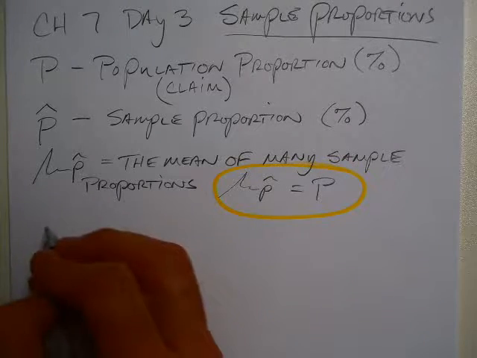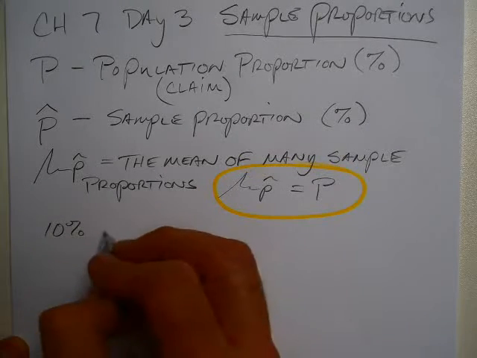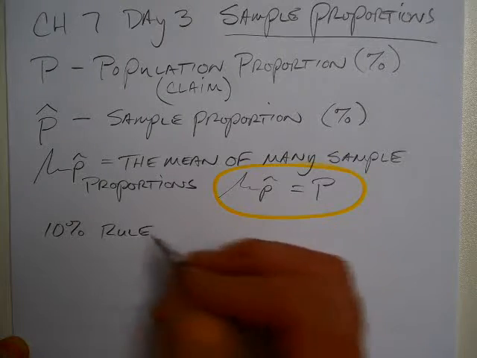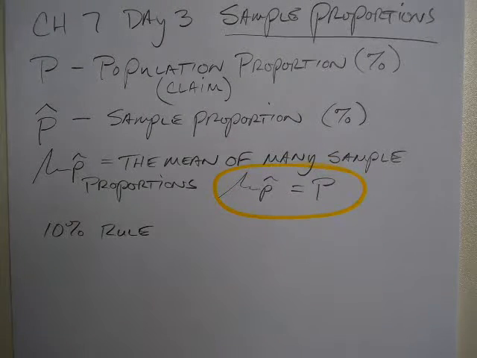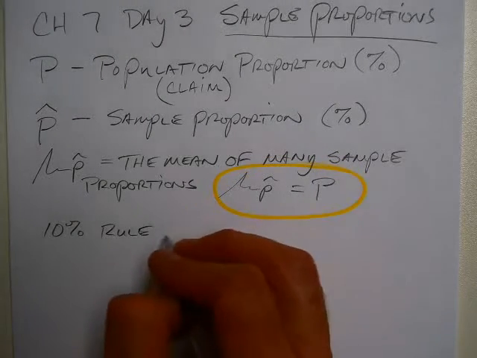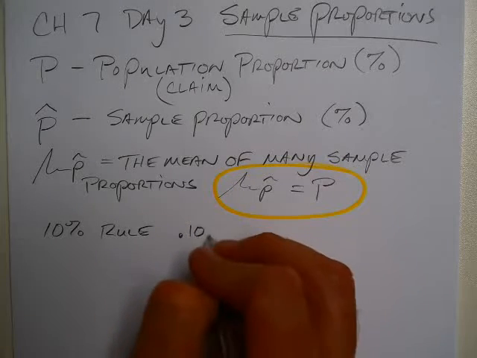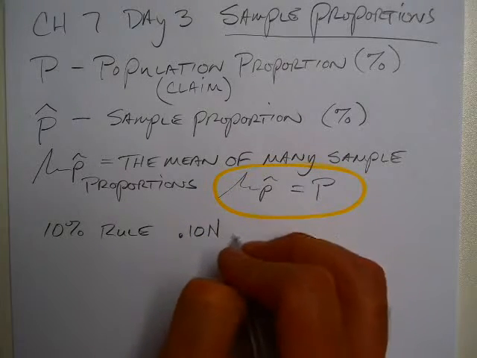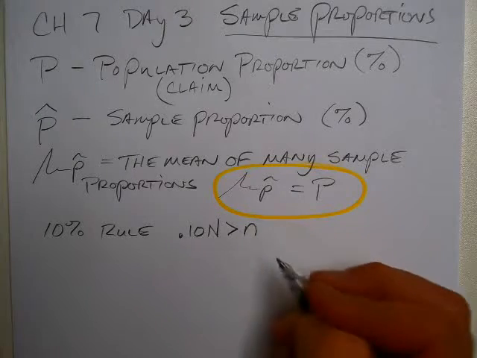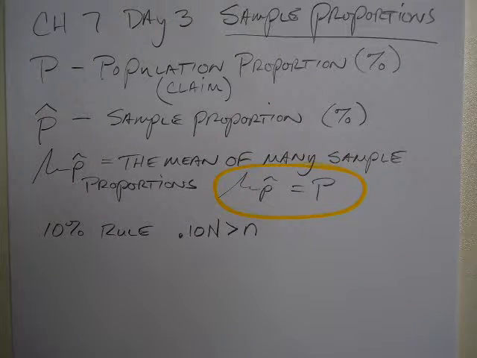The 10% rule is another one we need to know. We covered this a little bit ago in chapter 6, and it was that 10% of the population has to be bigger than your sample size, right? Or 10 times your sample has to be smaller than the population.